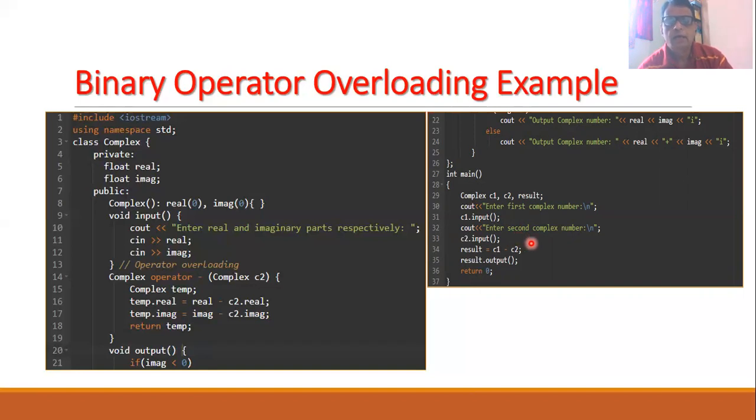Then we will assign result equal to c1 minus c2. In this statement, you can observe that we are actually subtracting the two complex numbers. The first complex number is c1, the second complex number is c2, and the result is assigned to the complex number result.